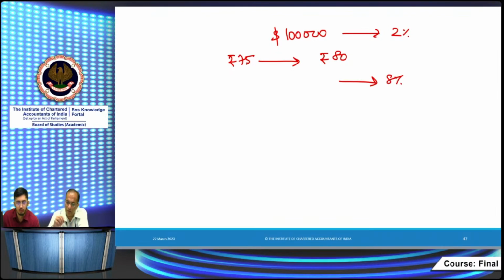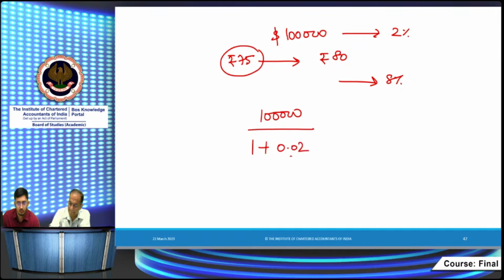What you do is borrow the equivalent amount today. How much amount will you borrow today?